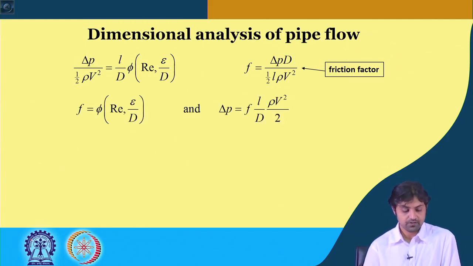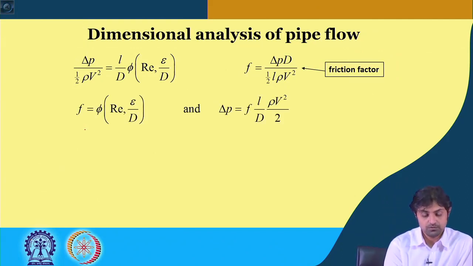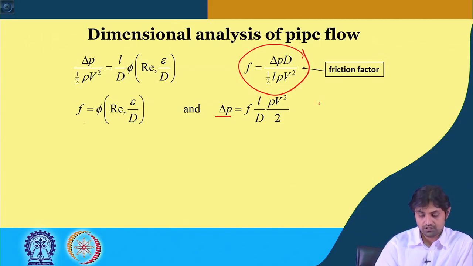Alright, so as I wrote, F is equal to a function of Reynolds number and epsilon by D, and if we are able to find this F, we can easily calculate delta P. Using this equation again, we can write delta P is equal to F into L by D into rho V square by 2.